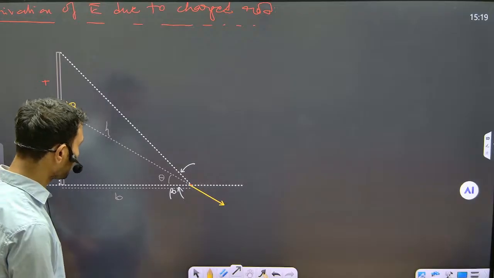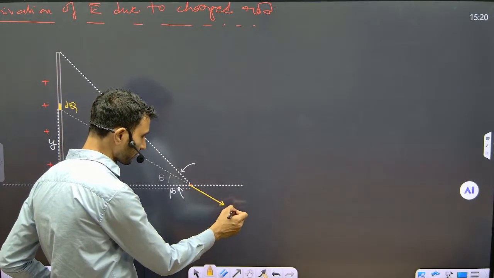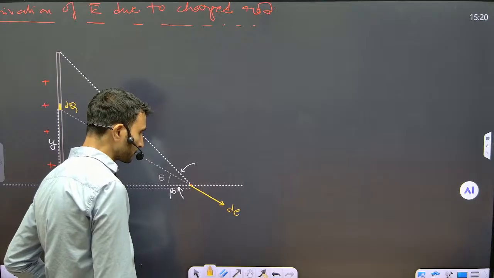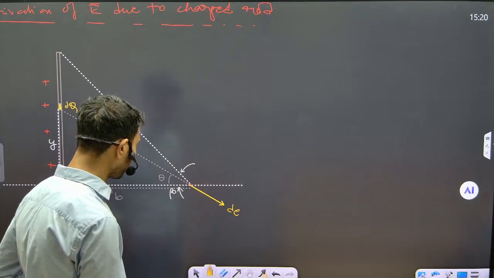Let's call that dE, differential electric field.